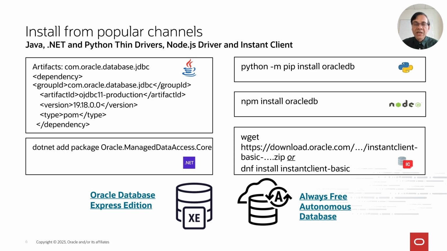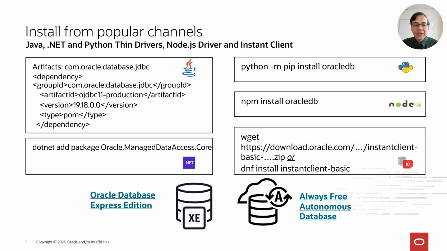Our Node.js driver currently has a dependency on Oracle Client, and you can download the Oracle Instant Client from oracle.com or through the Oracle Linux channel using the dnf install command. So here are the different commands that you can use to integrate, download, and use our drivers from the various popular channels.